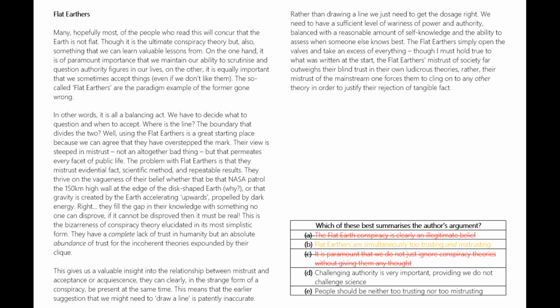We have possibility D. Challenging authority is very important, providing we do not challenge science. Now D is very similar to C in its balancing between when we should and when we shouldn't trust the mainstream. We already know that sometimes we should challenge the mainstream, but that we should not do so where it does so against demonstrable evidential fact.